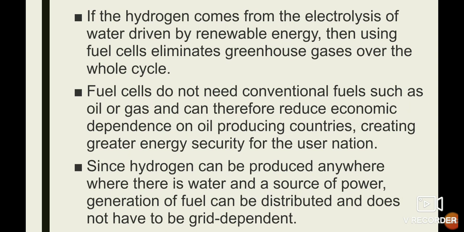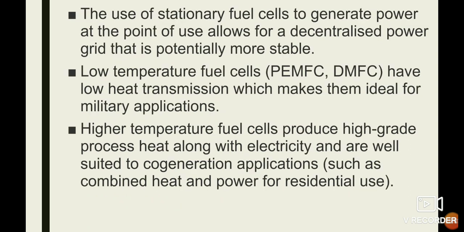Since hydrogen can be produced anywhere where there is water and a source of power, generation of fuel can be distributed and does not have to be grid dependent. The use of stationary fuel cells to generate power at the point of use allows for a decentralized power grid that is potentially more stable.